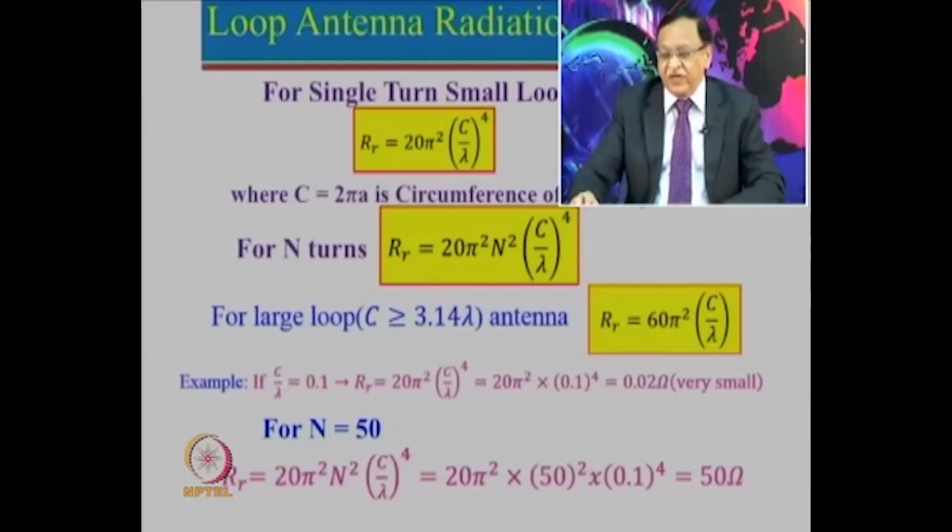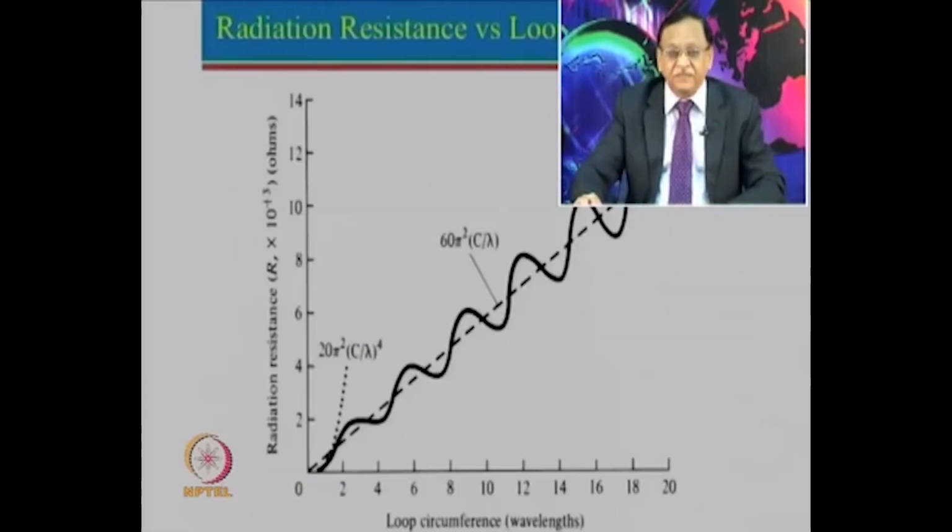But now if we take n equal to 50, this has to be multiplied by 50 and 50. So 50 multiplied by 0.02 will be 1, another 50 will give us 50 ohm. So you can see that if I take C by lambda equal to 0.1 and use 50 turns, we can get a good match with the 50 ohm coaxial feed. So that is a very simple way to design an antenna.